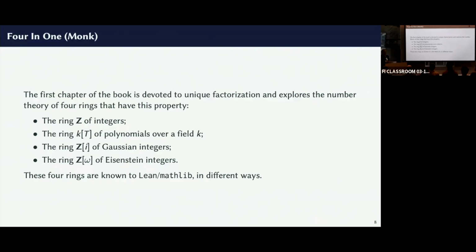And at some point, we have seen rational numbers, and we have seen that rational numbers are defined through integers, so Z. Polynomials we have not seen, Gaussian integers neither. And when I wrote the first version of my slides, I thought that Lean didn't know about the Eisenstein integers, but more or less it does.